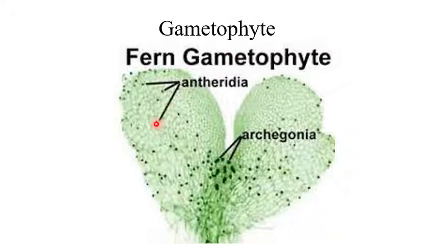So these antheridia produce male gamete, archegonia produce female gamete, and after fusion the zygote will form, that grows into the sporophyte. When we study pteridophytes in detail, at that time we are going to study this in detail.